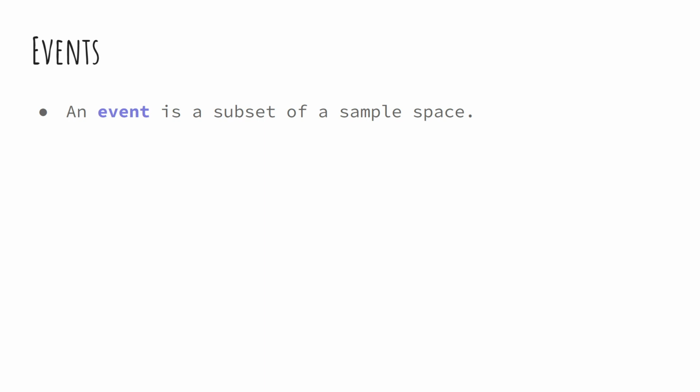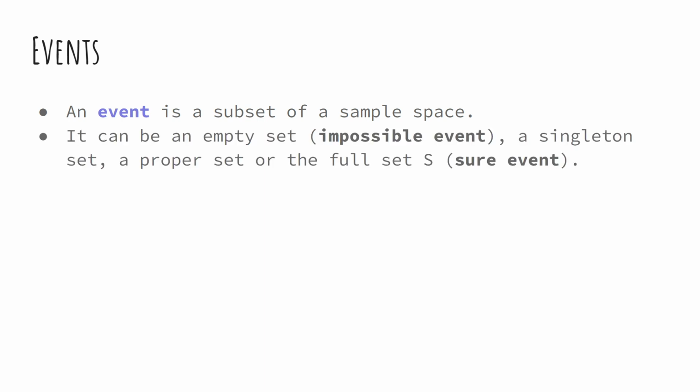Okay, moving on to the next subtopic now. An event is a subset of a sample space. Subset means it is just a collection of some of the elements of the original space. So it can be an empty set.